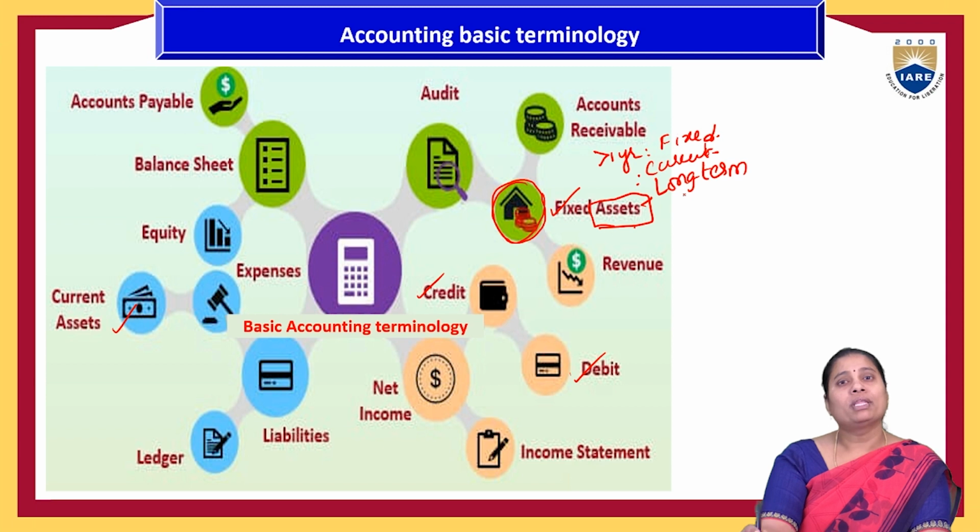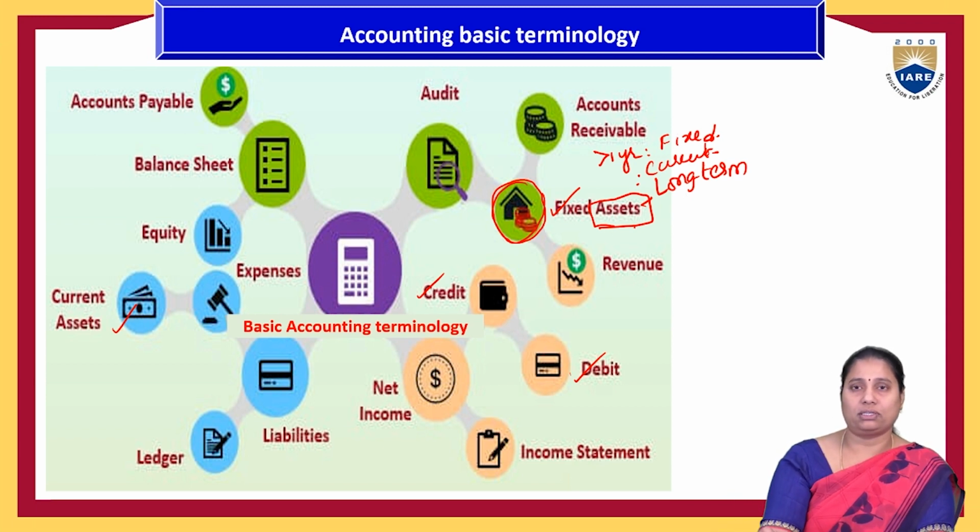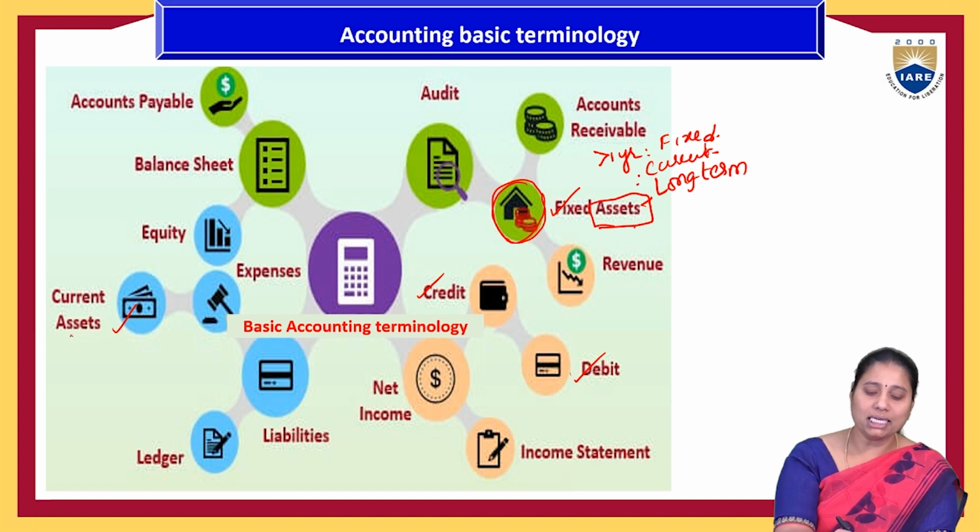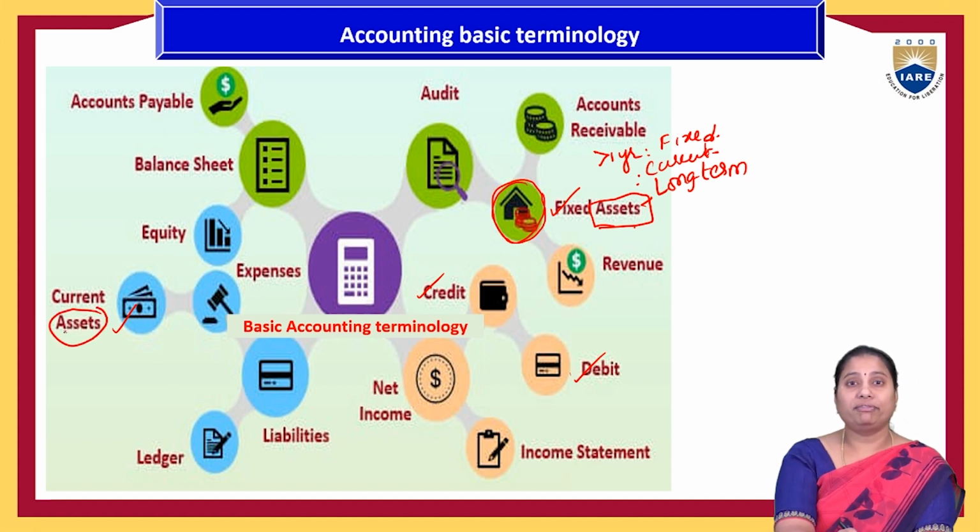For example, land, building, machineries, infrastructures, etc. And if the assets are all within a 1 year span, then those assets will be called current assets. For example, cash as well as stationery, raw materials, etc. will be called current assets.